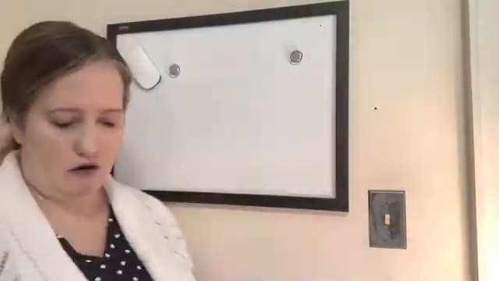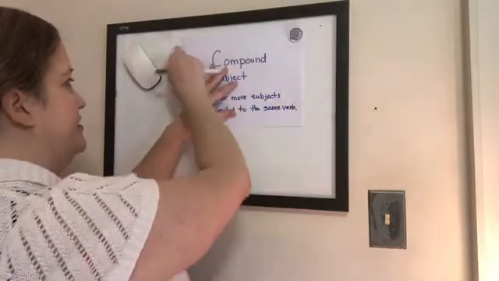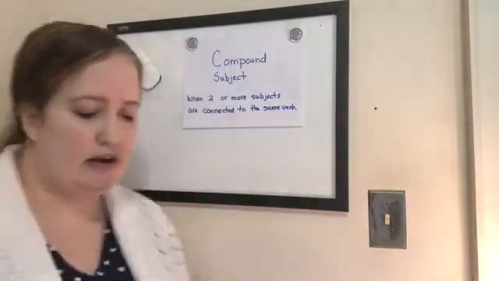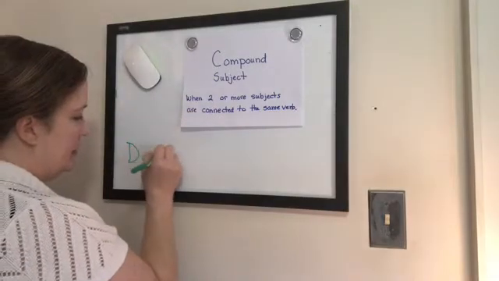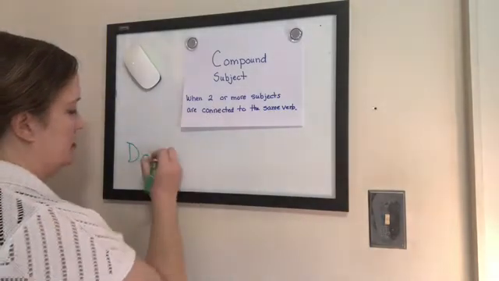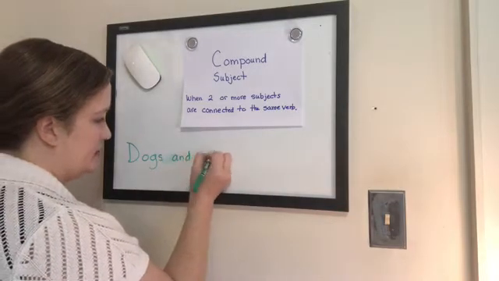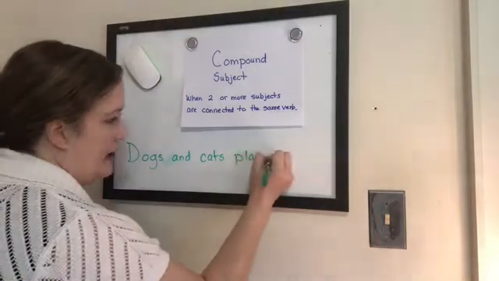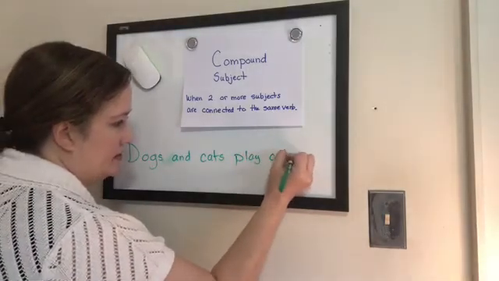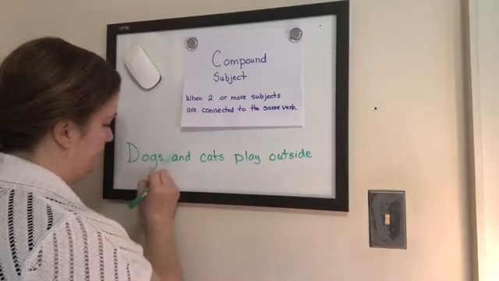Also, there are compound subjects. And this is a lot easier than it sounds. I'll do an example. Dogs and cats play outside together.